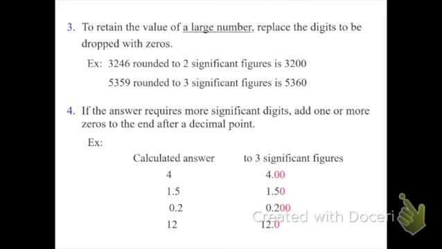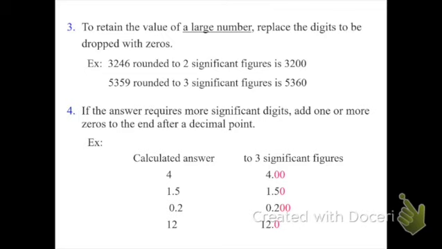So to retain, when you have large values, the numbers that do not have decimal places. So far what we talked about was if the number to be retained or to be dropped is after a decimal point. So if you have a large number that does not have decimal points, then the number to be dropped is always replaced by 0.